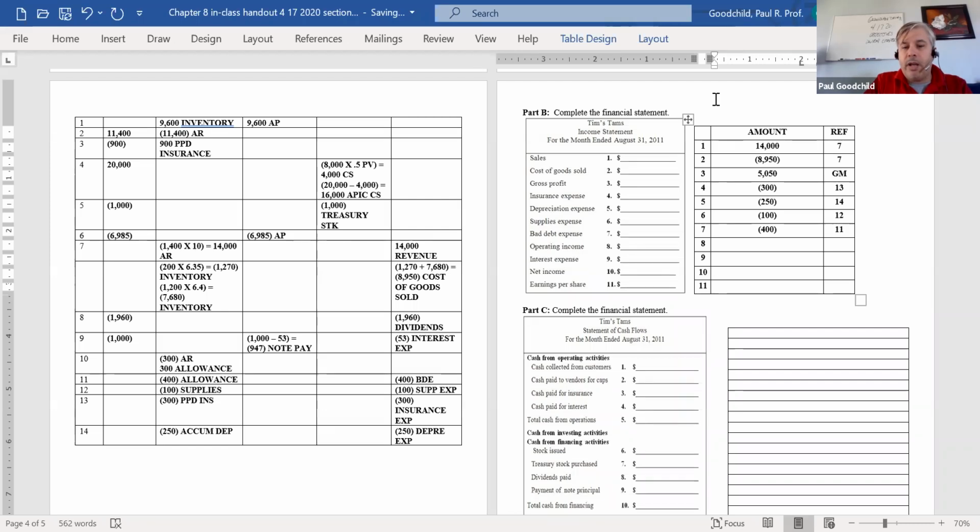And so our operating income, the 5,050 minus the 1,050, is 4,000 operating income. Number 9, interest expense is 53, and we reported that in number 9. And so our net income was 3,947. Good job if you got that one.